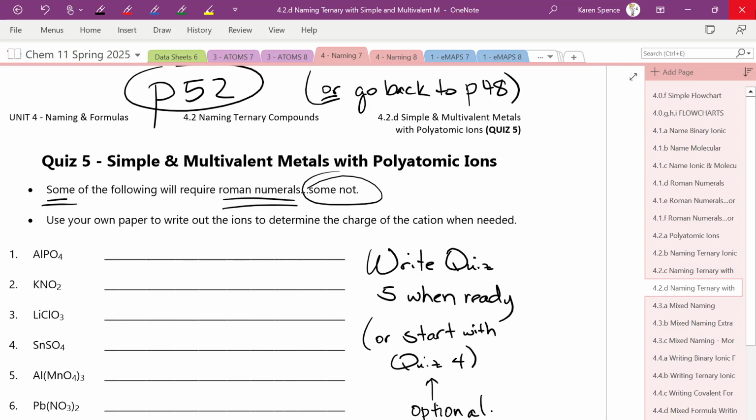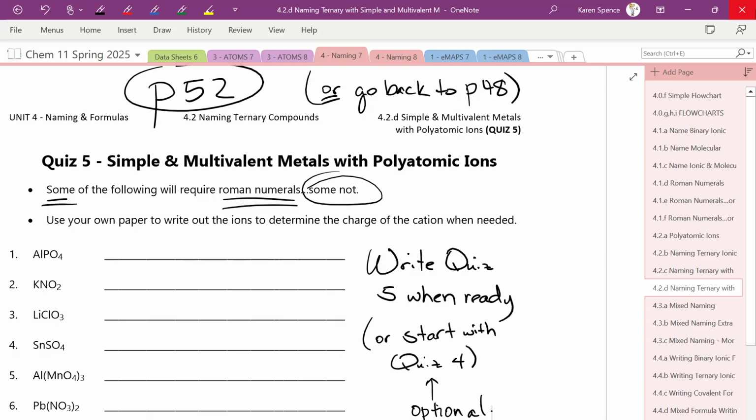Now if we were going the other way, from the name to the formula, I would give you, from the crossover stuff, 3. Then you would say, okay, let's say it was sulfate.